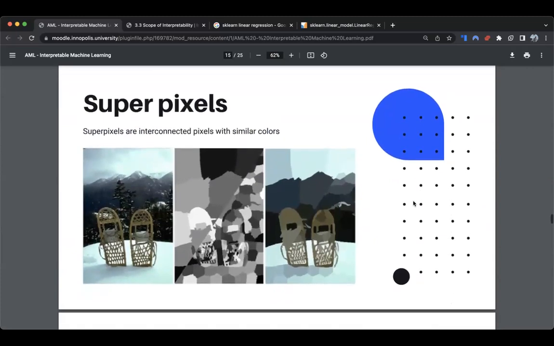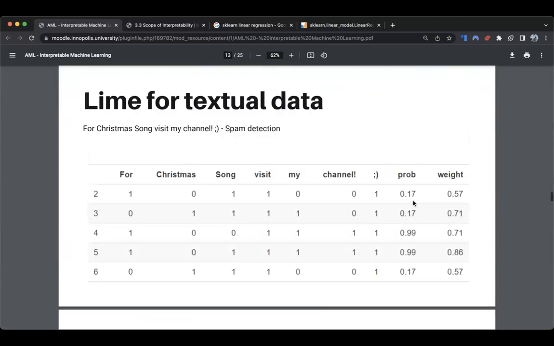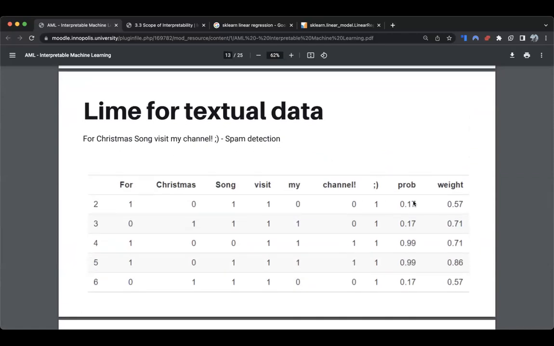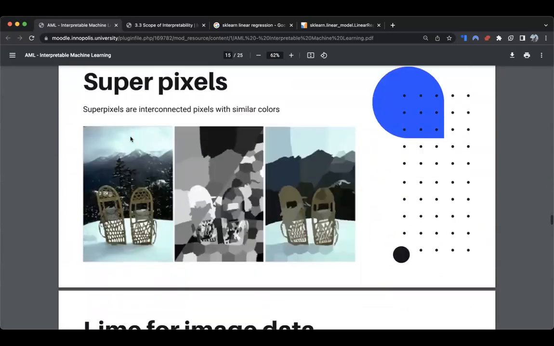How can we do it for images, for example? For text, simple, we turn off a word or we turn it on, right? So either we keep the word Christmas or we don't keep it. It's a binary thing. For images, how do we do that? It's a very simple technique called superpixeling. What superpixeling does is just combine different pixel regions based on similarities in pixel values, right?